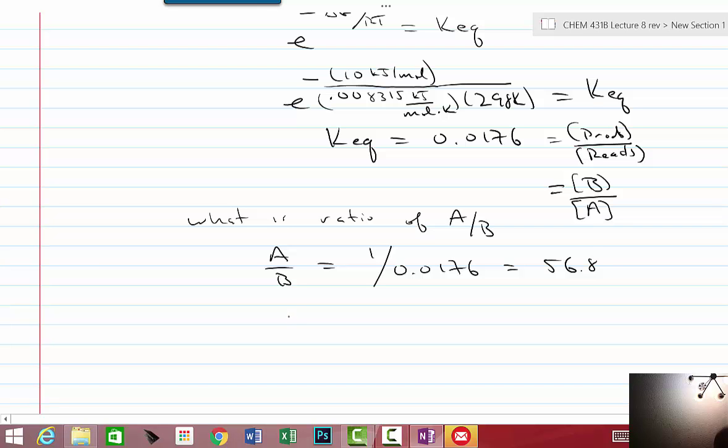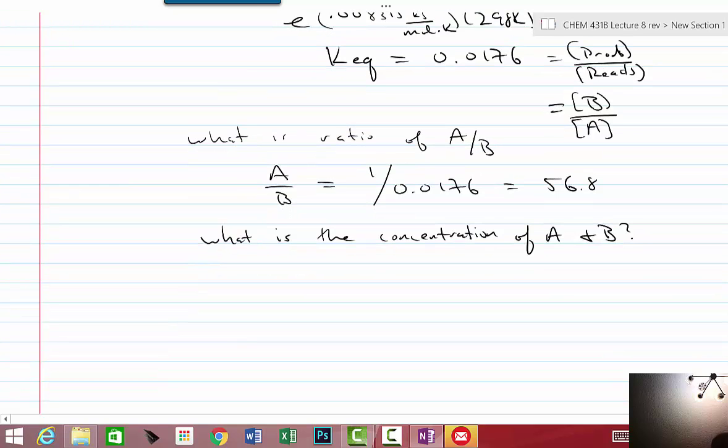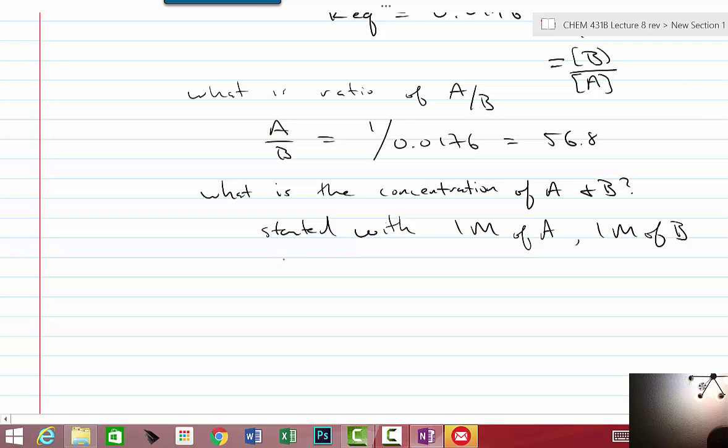We can even go further. We can actually figure out the concentration of A and B. The reason we can do that is because under standard conditions we started with 1 molar of A and 1 molar of B. So we know that no matter what, A plus B is going to be equal to 2 molar.